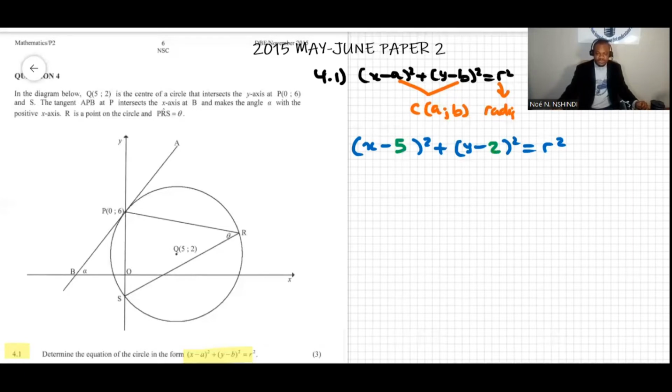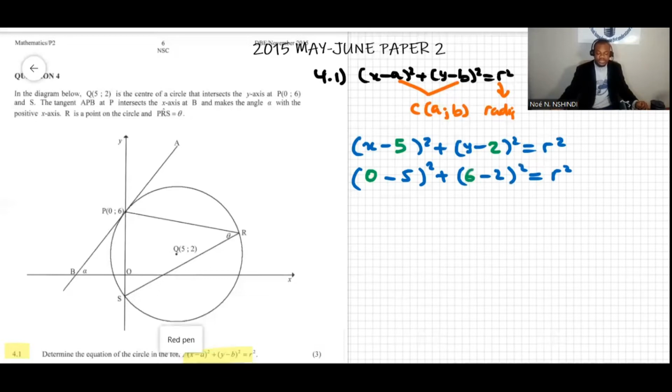Then what else do we know from the equation? We have a point P given. Because it is a point on the circle, we can substitute the coordinates of the point into x and y. The value of x here is 0, and y is 6.